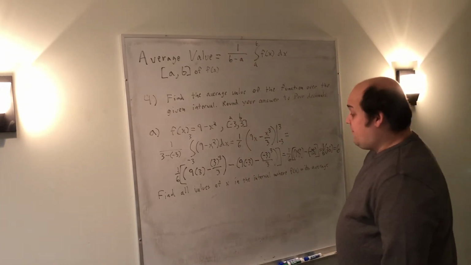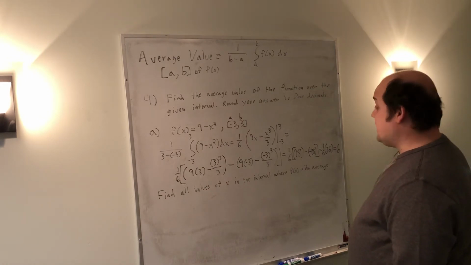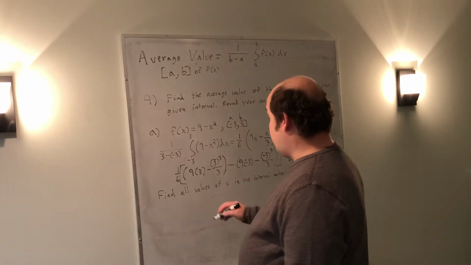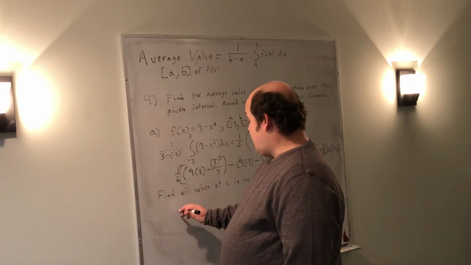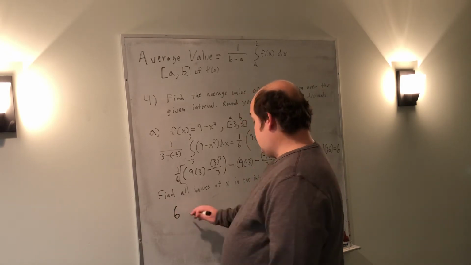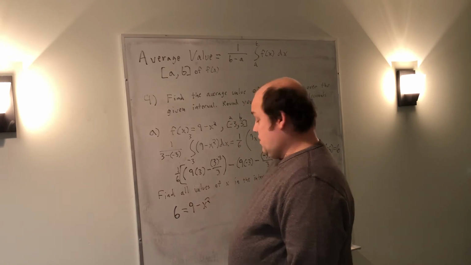It now asks me to find all values of x in the interval for which f of x equals its average. I'm going to show this two ways. So the first way I'm going to show it is by setting this up as 6 for my f of x equals the function 9 minus x squared.